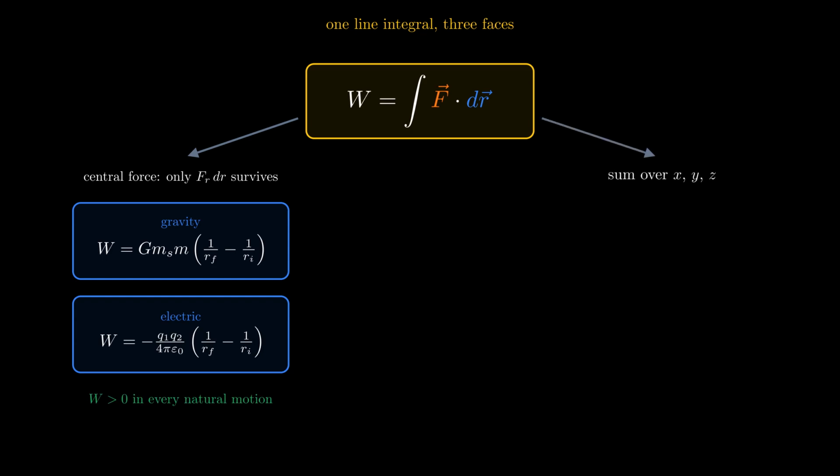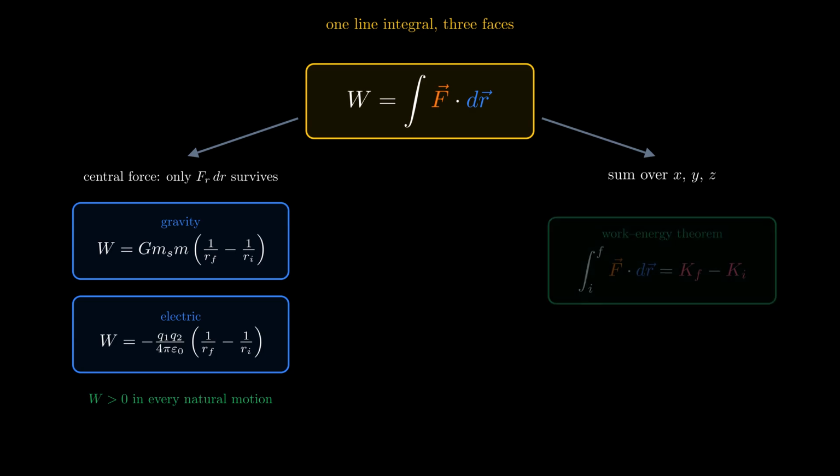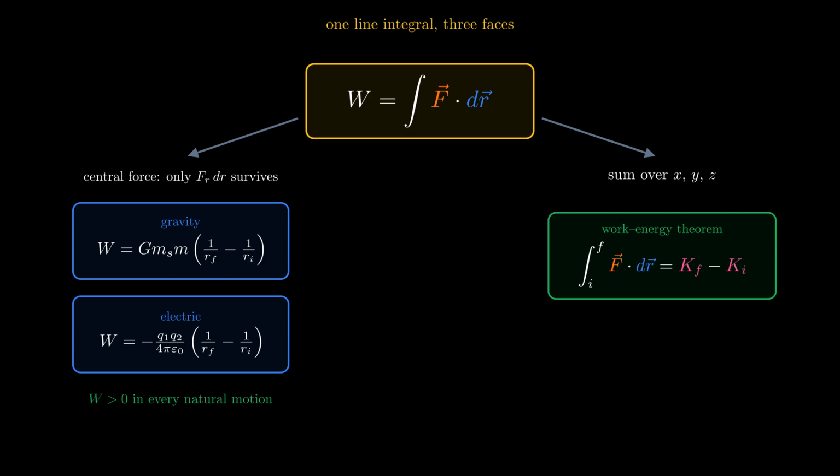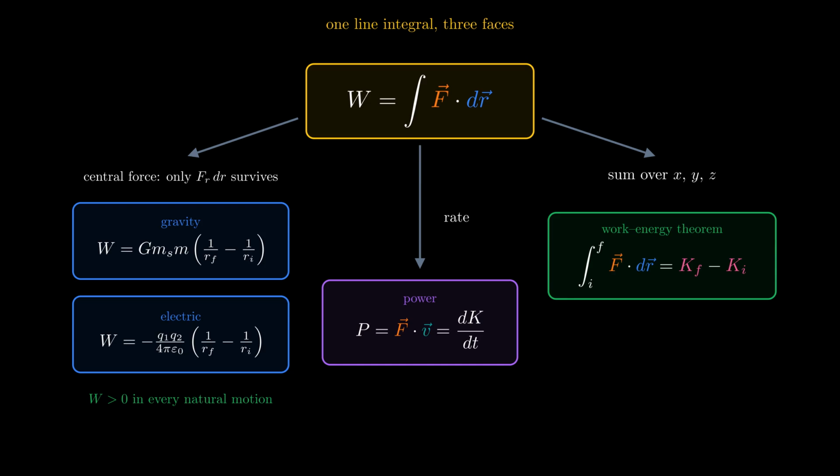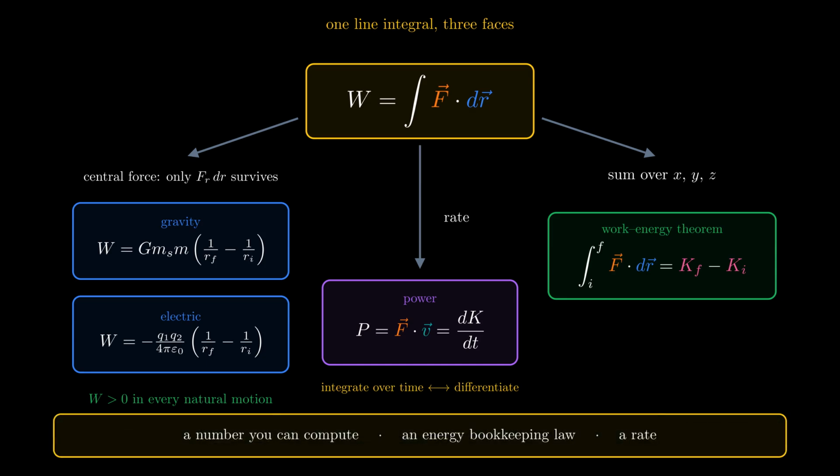Summed over the three coordinate directions, the same integral equals the change in kinetic energy. The work energy theorem in 3 dimensions. Differentiated in time, it becomes power, F dot v, the rate at which kinetic energy changes. One line integral, 3 phases, a number you can compute, an energy bookkeeping law, and a rate.